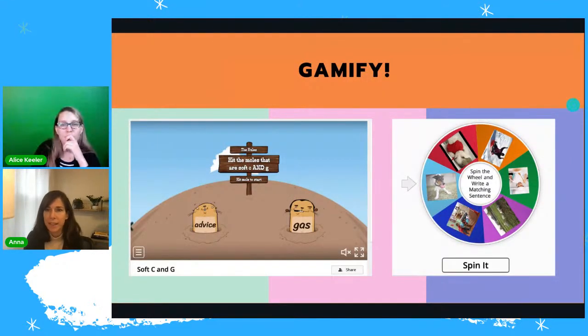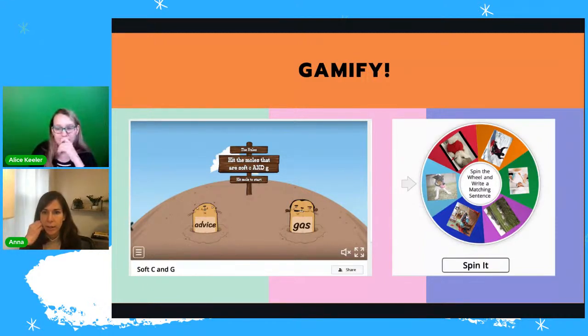Okay. And then another thing which I love about Wordwall, and Alice, I'm sure you're going to love this, is whenever possible, gamify. Don't underestimate the power of a spinner. So here on the right, there was a Wordwall exercise, spin the wheel and write a matching sentence. All of these prompts would be equally challenging for the student.